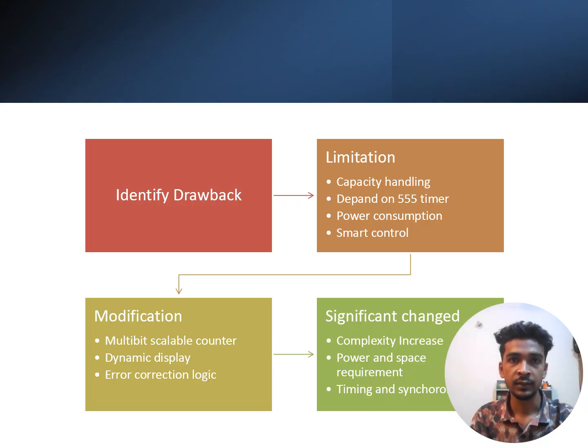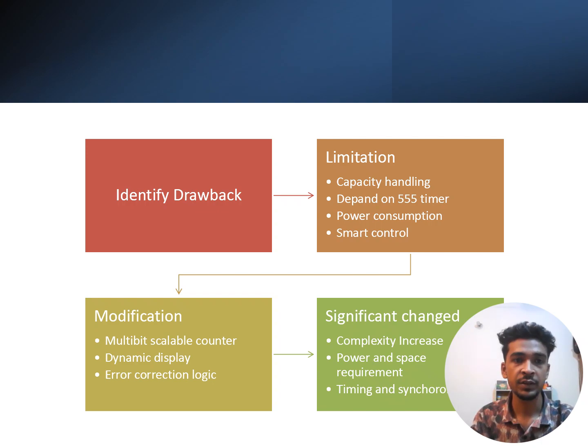In the car parking system, there are many limitations. First of all, limitation of capacity handling. The counter is designed for a small fixed number of parking spaces based on my student ID digit.